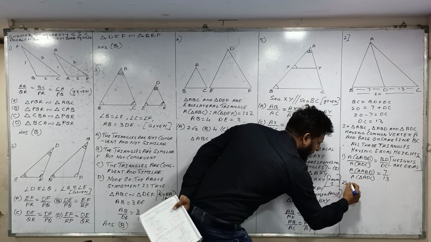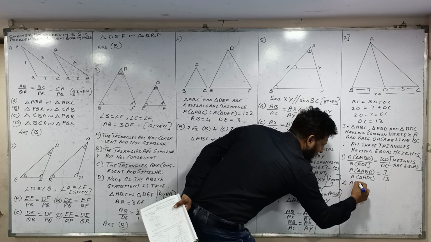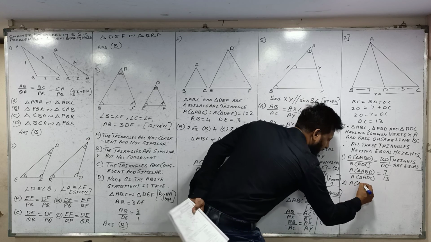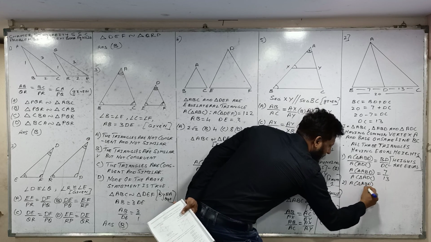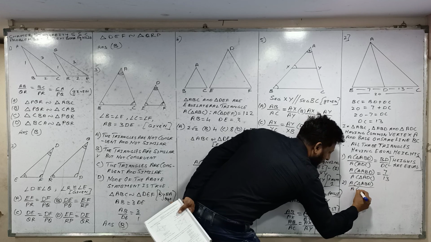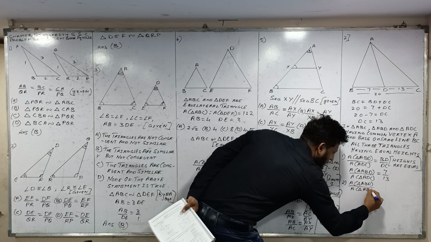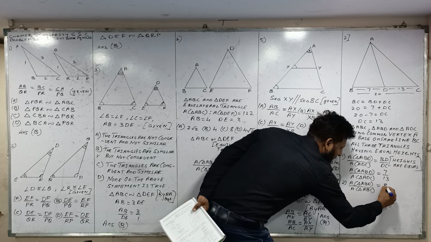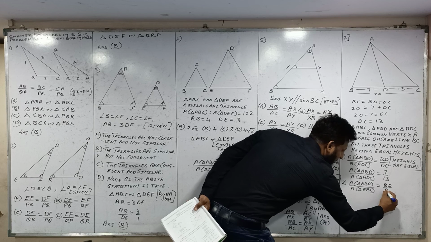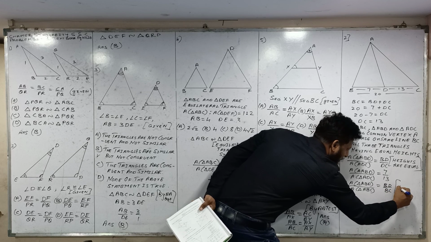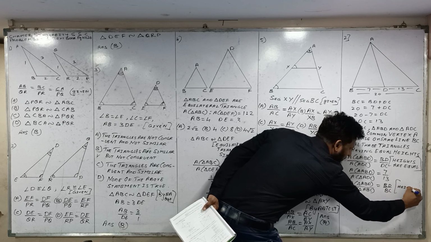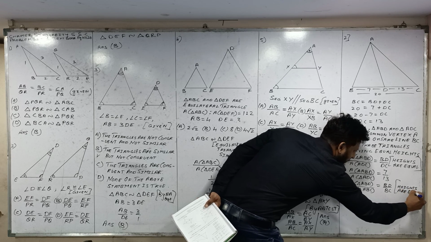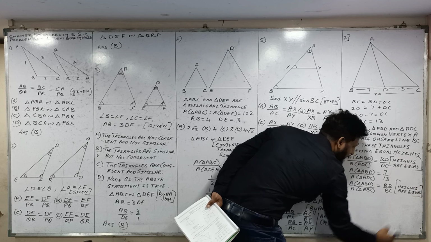Then second, the area of triangle ABD upon the area of triangle ABC. ABD has base BD and ABC has base BC. Heights are equal, which means areas are proportional to their bases.